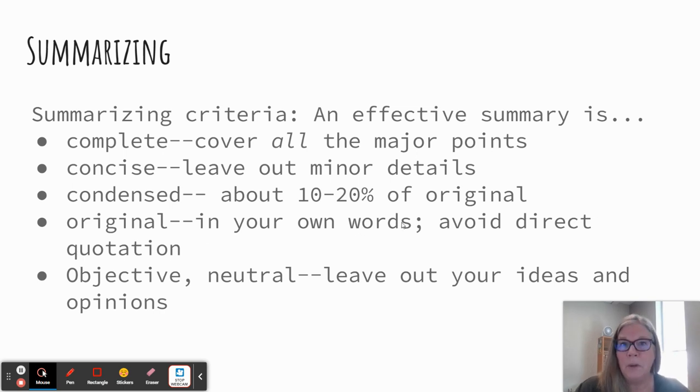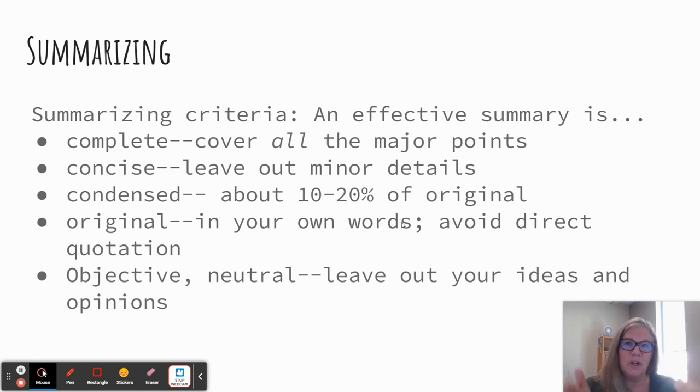The other thing to keep in mind when you're summarizing is that summaries are objective and neutral. You'll be leaving out any of your ideas and opinions. They might come later in the essay if you're using a summary as part of a longer essay, but they don't belong in the summary. You're just reporting what the author said. Since you're reporting what the author said, if we were in class with 20 people all summarizing the same article, and we're doing it correctly, we're going to have pretty much the same content in that summary.